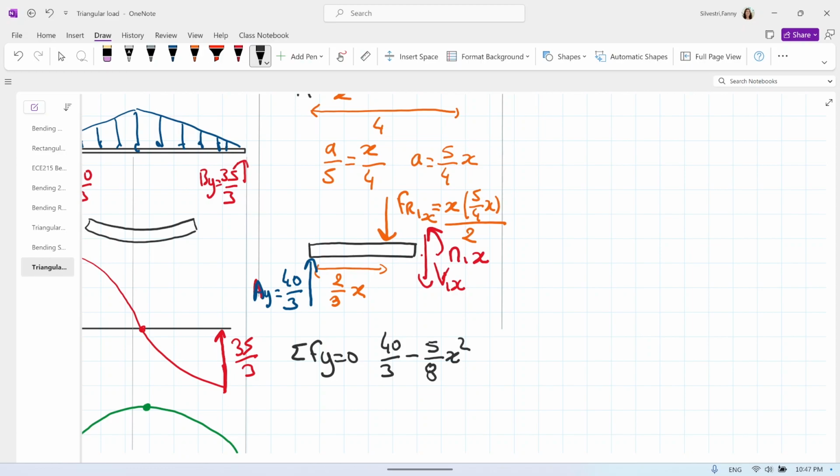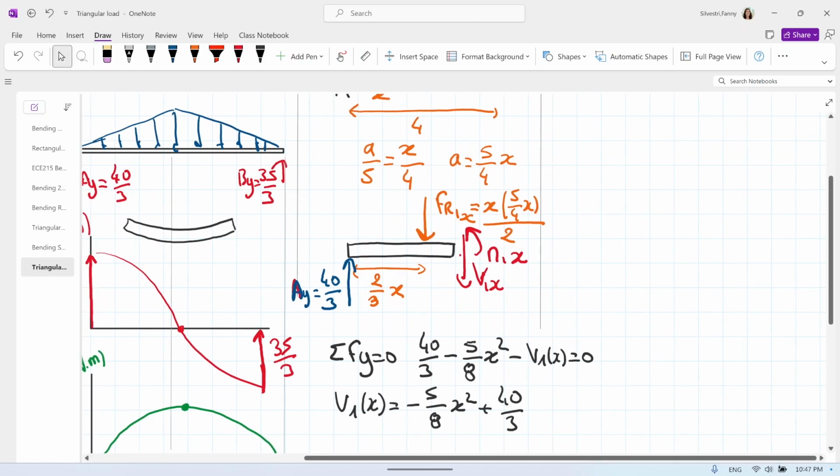This is my FR1 of x. And V1 is negative, so minus V1 of x equals 0. So the equation is V1 of x equals minus 5/8 x squared plus 40/3. I double checked that equation, and this is correct.